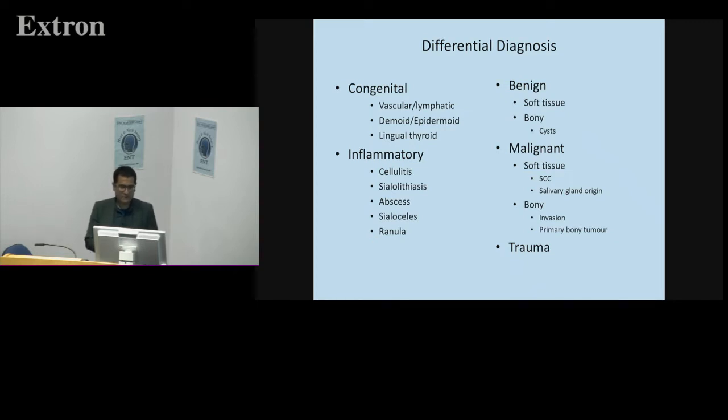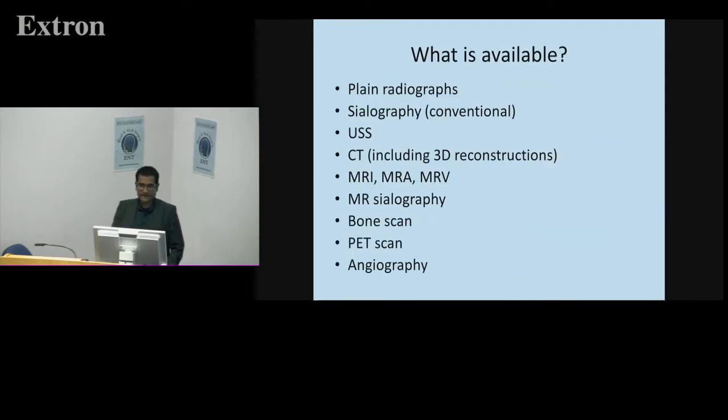I think we come across lingual thyroid every once in a while. Inflammatory, a whole host of conditions that have been covered over the last few days. And you get benign soft tissue tumors, malignant conditions, and trauma obviously forms a big part of maxillofacial on-call work.